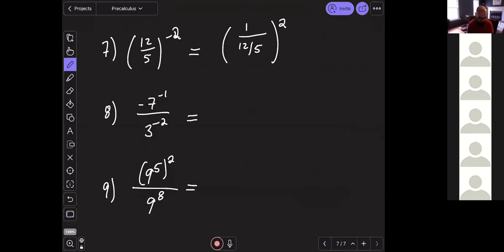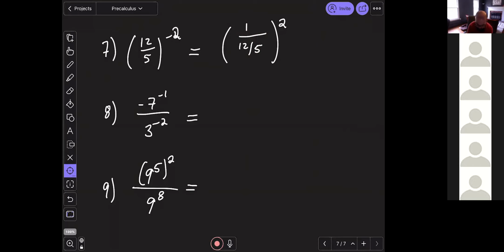One thing that is hard for students to think about is this idea of having a fraction inside of a fraction. I have a fraction where the numerator is 1, and the denominator is also a fraction. A particularly challenging situation to deal with.